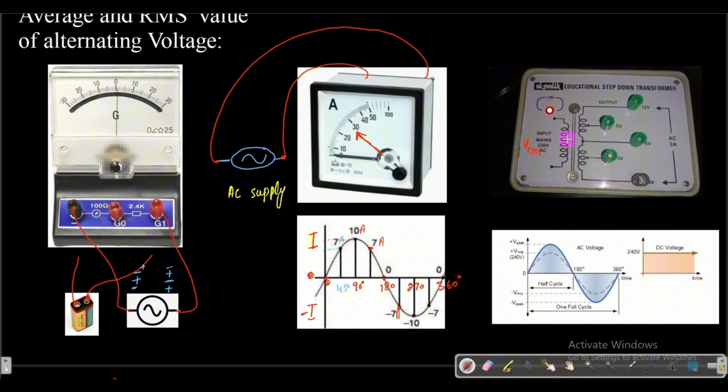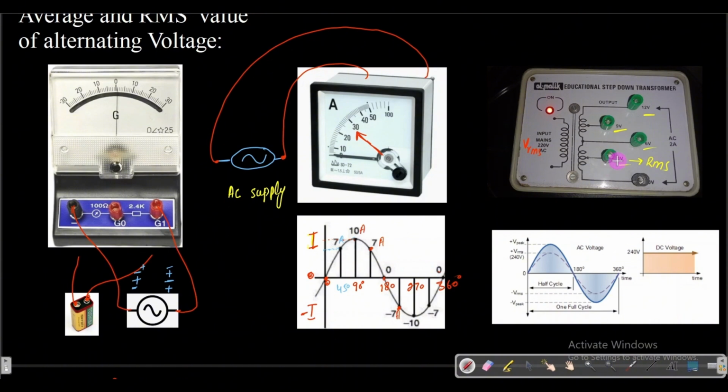This step down transformer converts that into 3 volt, 6 volt, 9 volt, and 12 volt. So this 3 volt is actually the RMS value, root mean square value. This is 70.7% of the maximum voltage.